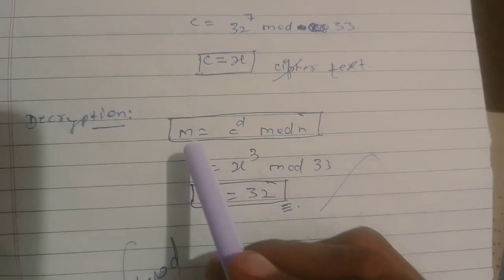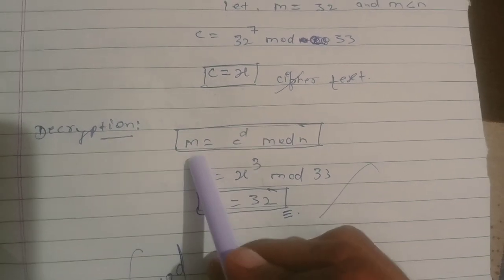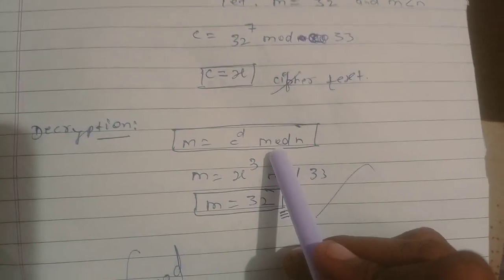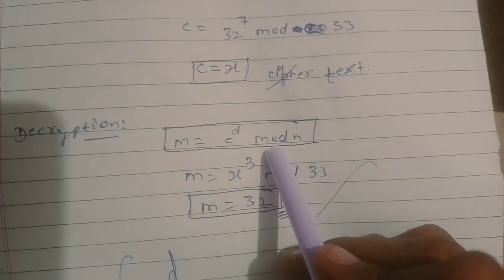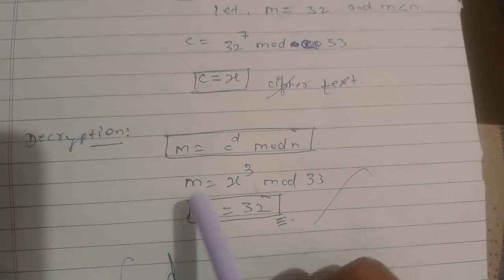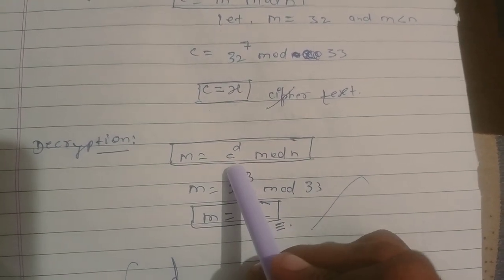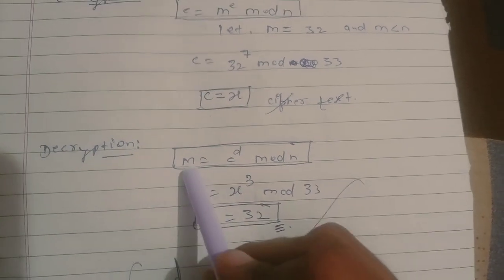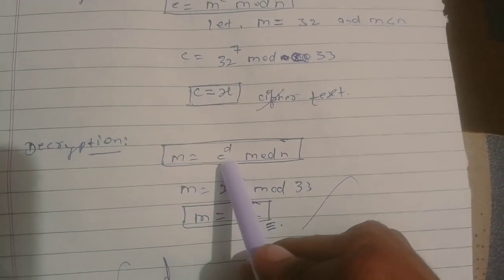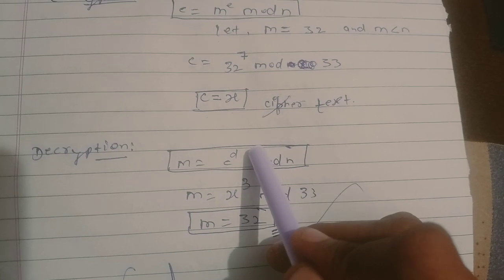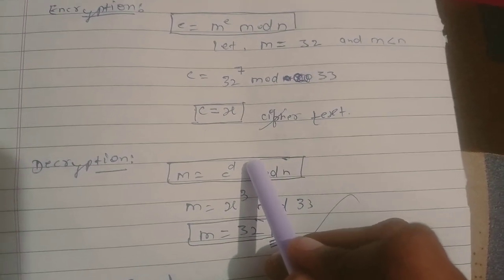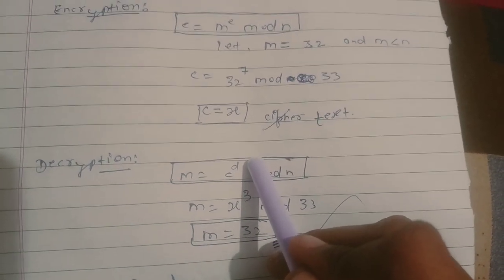Now the decryption part comes. Again we use a formula to decrypt our encrypted message. The formula is m equal to C to the power d mod n, where m is the plain text, C is the ciphertext, and d is the receiver's private key.